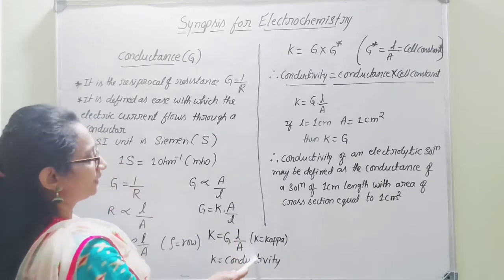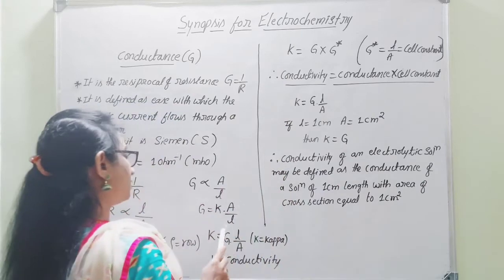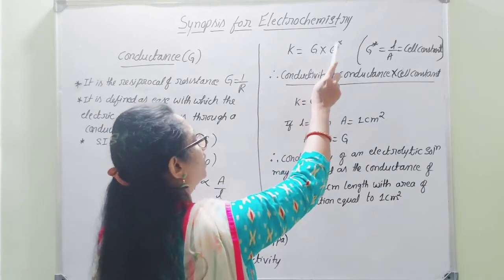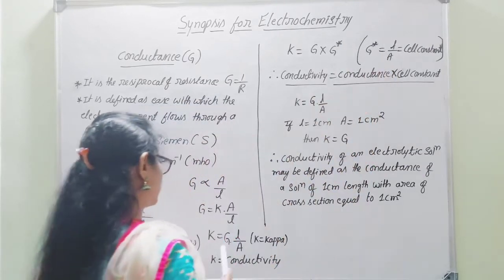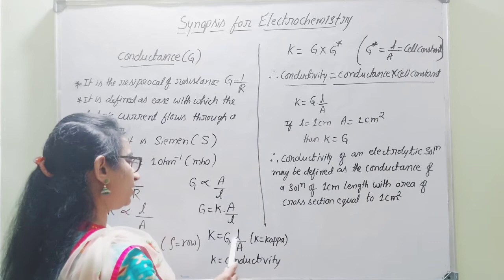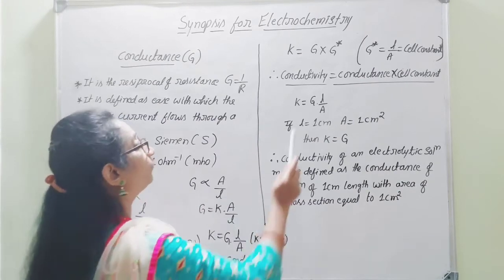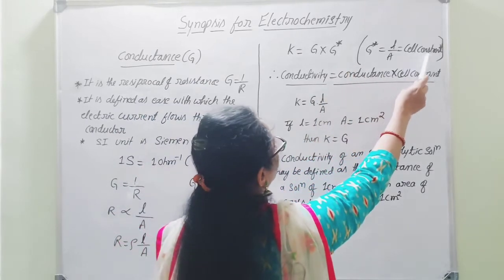So conductivity K is equal to G into G star. Why have we written this G star? Because G star represents L by A. So K is equal to G into L by A, and instead of writing L by A, we write G star. That G star represents the cell constant.